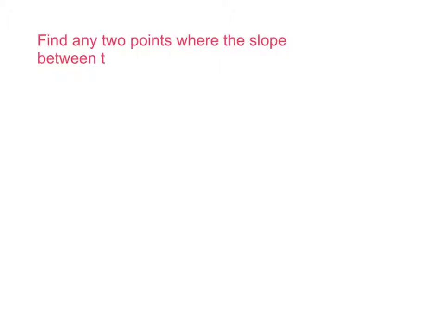It says that we need to find any 2 points where the slope between these points is -4/5. And I'll write out the fraction. Okay. It's -4/5.